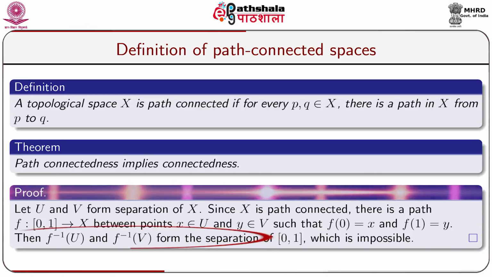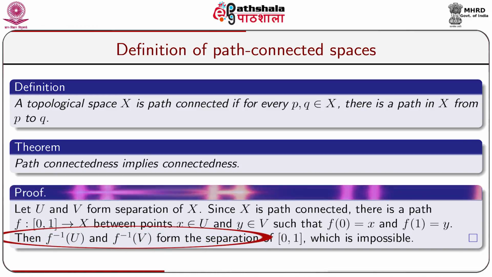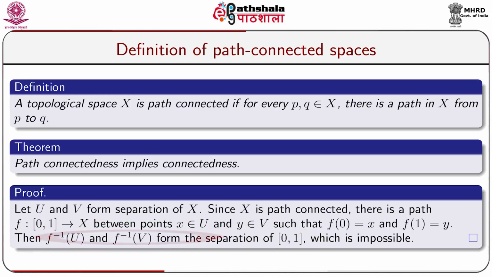Then f⁻¹(U) and f⁻¹(V) form a separation of the closed interval [0,1], which is impossible because [0,1] is connected. Hence, path connectedness implies connectedness.